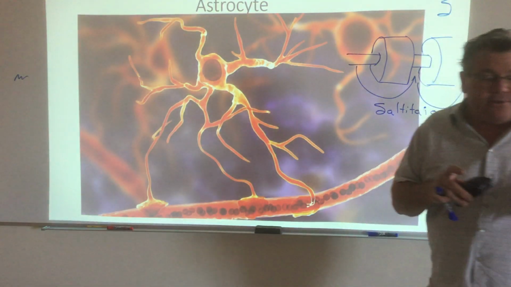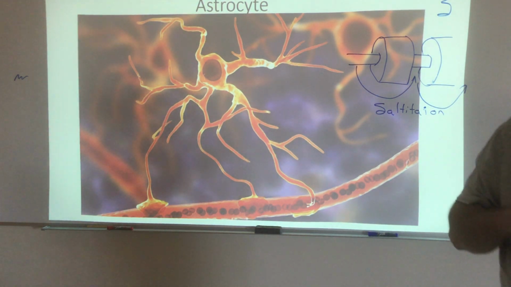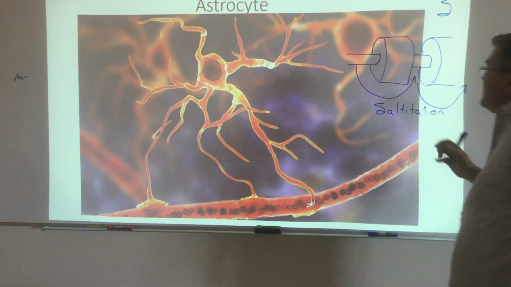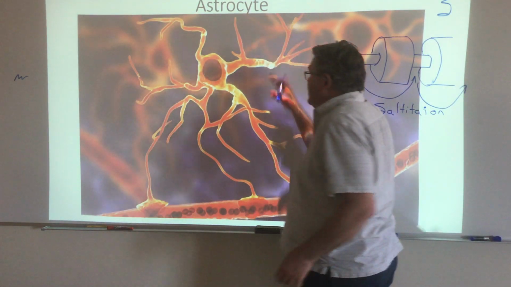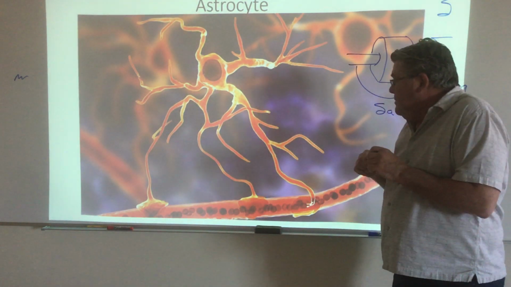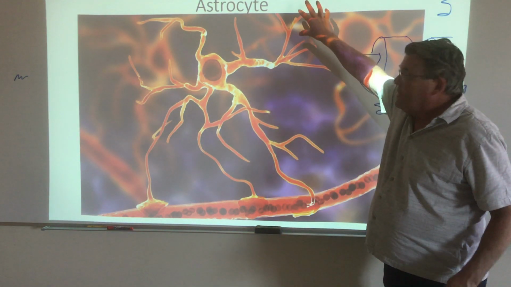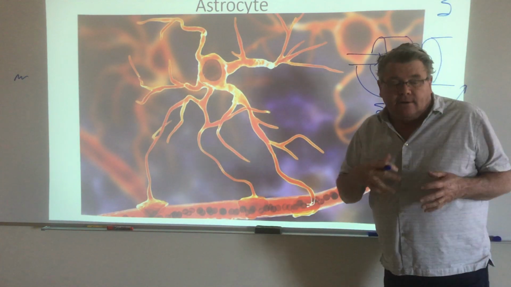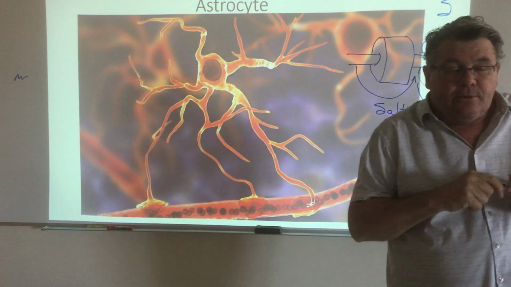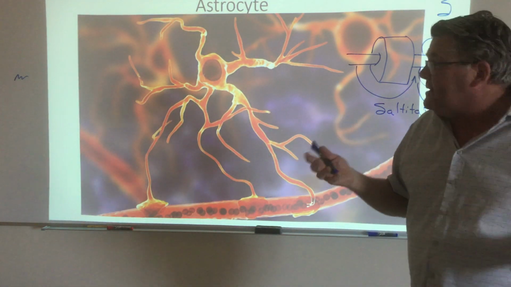Oh, and then the astrocytes. Astrocytes, and you can't really see it on the top of this, I wish they had included it in this image. They connect capillaries with neurons. So the capillaries are taking away CO2, taking away waste, and they're bringing in O2, they're bringing in nutrients.